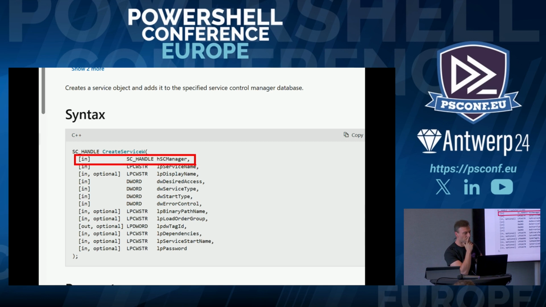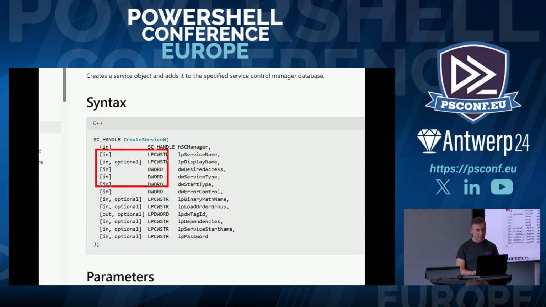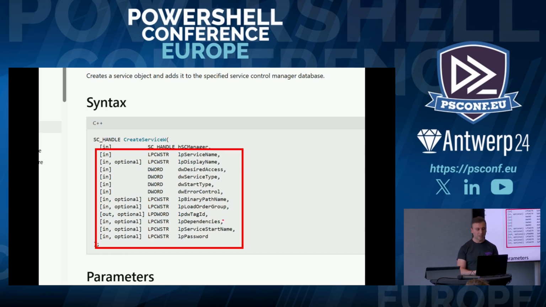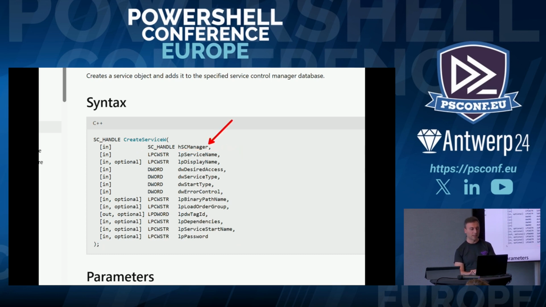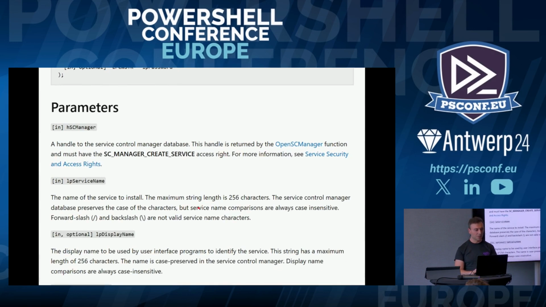So New-Service and Get-Service use the same function to get information about the workstation, but for some reason, New-Service doesn't use it. We'll see that, but just for now, there is no information in New-Service about the computer name. So everything came from OpenSCManager. And here we can see this handle to the service control manager database. This handle is returned by the OpenSCManager function.